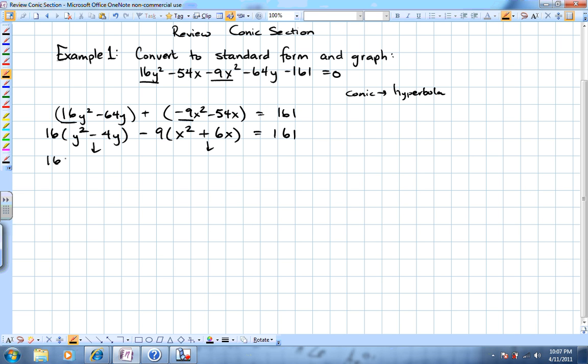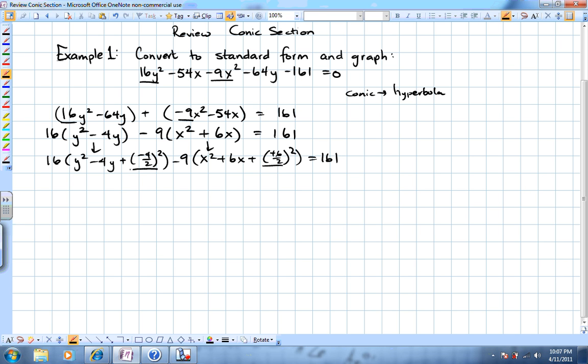I have 16 times y squared minus 4y plus negative 4 divided by 2 squared, part of the process of completing the square, minus 9 times x squared plus 6x plus positive 6 divided by 2 squared, equal 161.